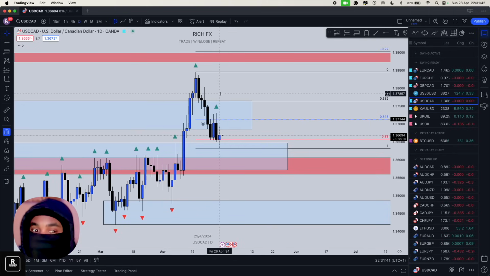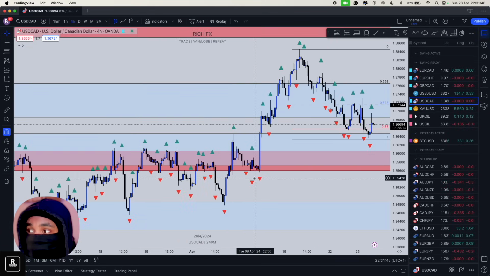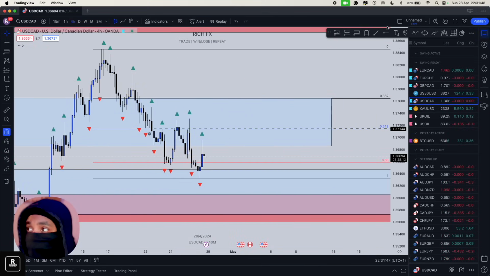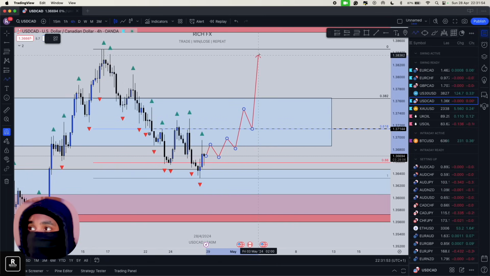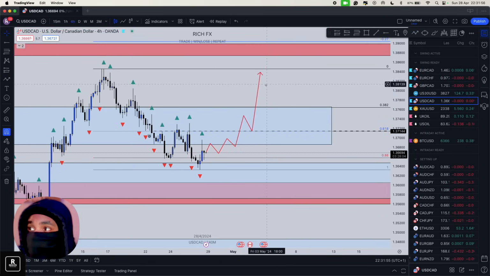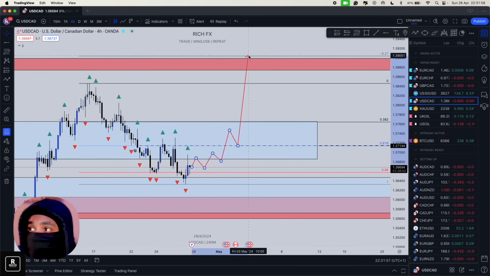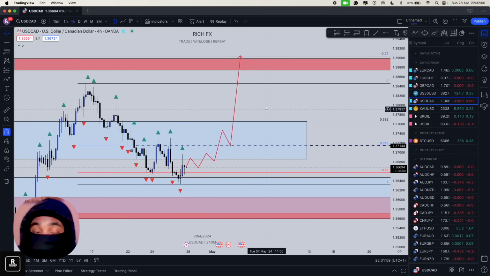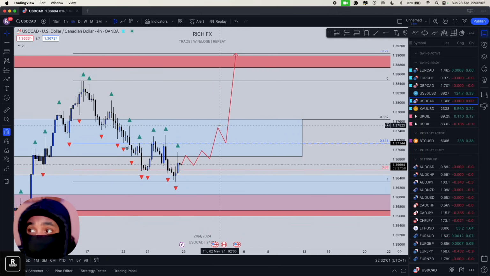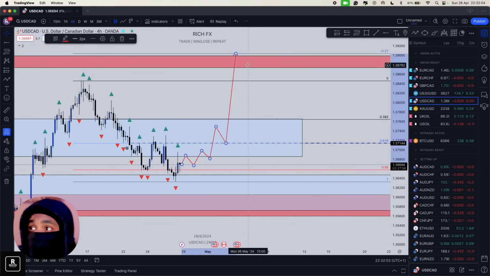help validate our setups. And as long as price breaks the 61.8 in this case, so if price does this, for example, and finally breaks 61.8, then yeah, for sure, I'm going to get in the trade, half risk, or full risk, depending on how I'm feeling, and take it to negative 27, right?